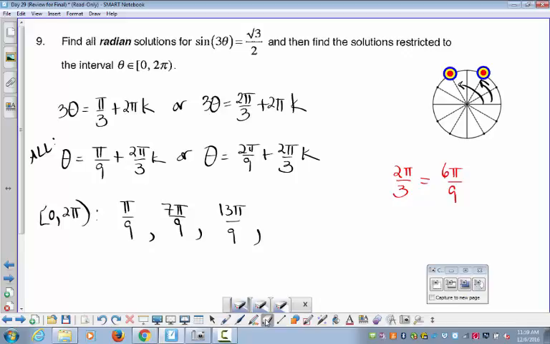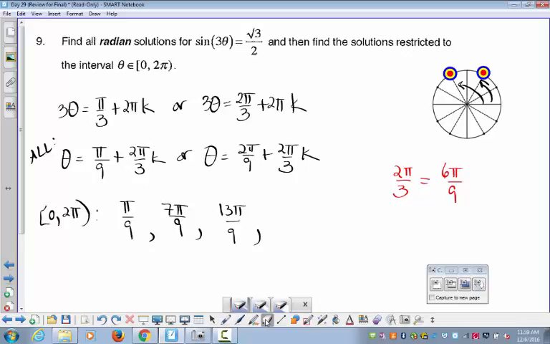We have a triple angle equation. That first solution is generating 3 answers. If we take the 3 and multiply it, we're going to get a total of 6 answers, 3 for each of those representative solutions up there.